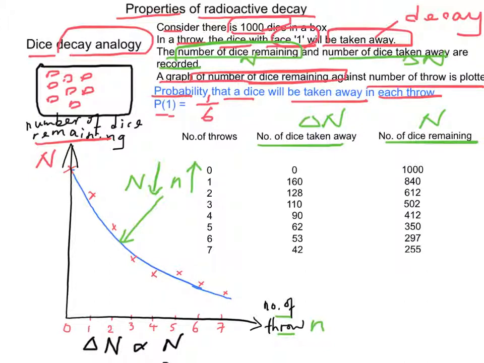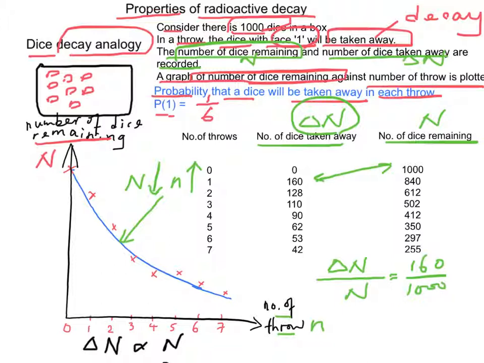More interesting is that the ratio of the number of dice taken away to the number of dice remaining, that is delta n over n, for the first flow is about 160 over 1,000, which is approximately equal to 1/6, which is the same as the probability that the dice will be taken away in each flow.